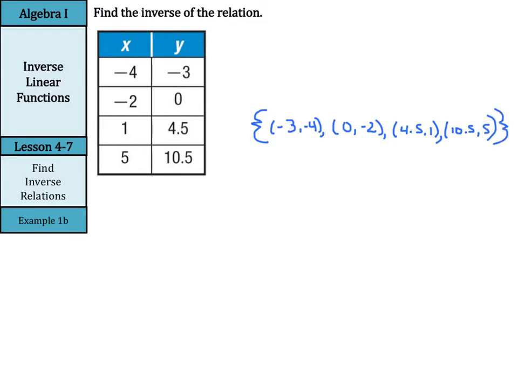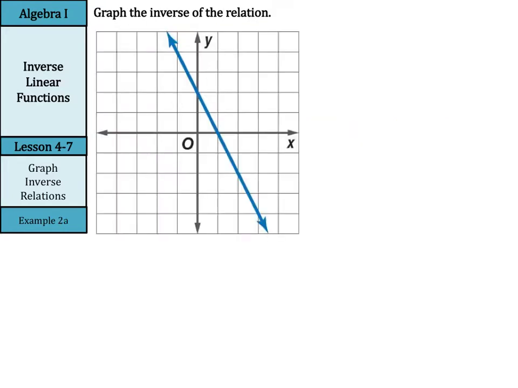That's it. Next example. Now when I go to graph the inverse of the relation, let's look at some of the ordered pairs I already have. As I look here, I have a point at (-1, 4). We have our y-intercept, which seems to go through (0, 2).